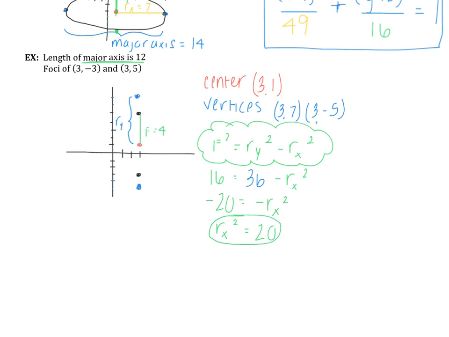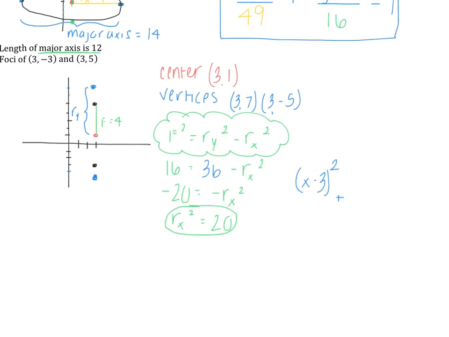Because when I write my equation, let's think about it. You have your center, so (x minus 3) squared. You're an ellipse, so addition. I'm going to move over a tad so I have a little bit more room. You have addition. It's going to be (y minus 1) squared. It's going to equal 1 because it's an ellipse. And now we know our denominators.